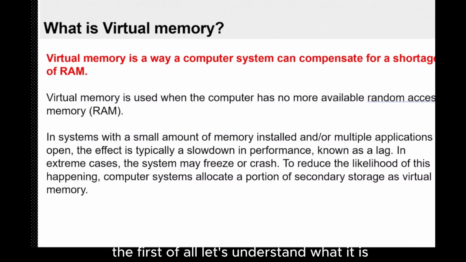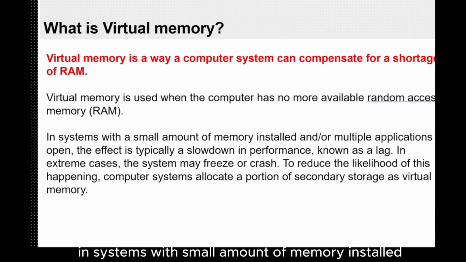First of all, let's understand what it is. Virtual memory is a way a computer system can compensate for a shortage of RAM. It is used when the computer has no more available RAM.